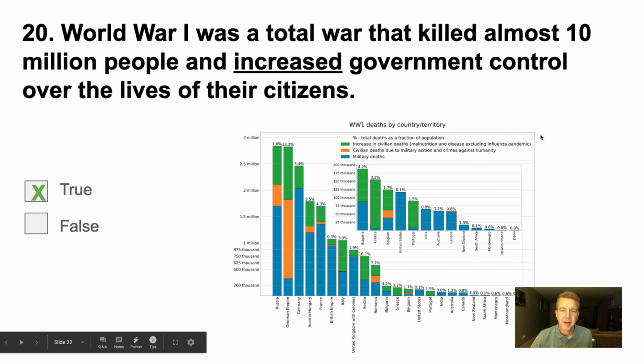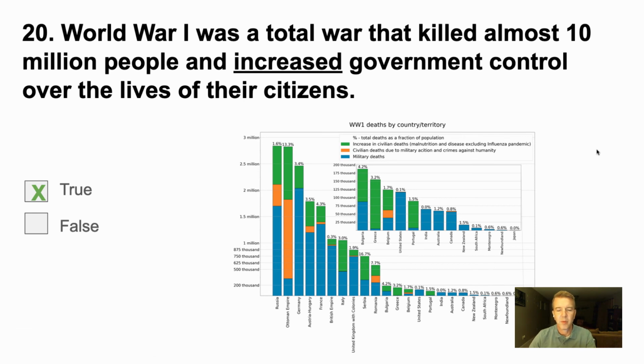It's said that Russia lost over 3 million on this chart, but there are some groups that say, leading up to the war, some of the things that they did, and the revolution and the things afterwards, they may have lost in total in those years 10 million people. By the way, the flu pandemic killed more people in the year after the war than died in the entire 4 years of the war.